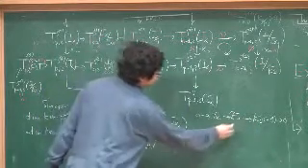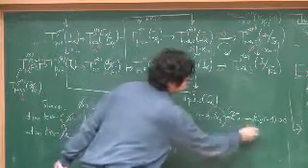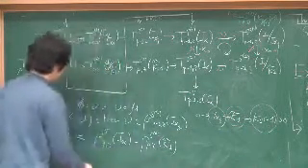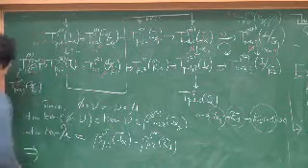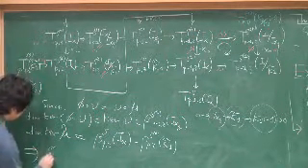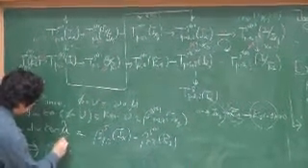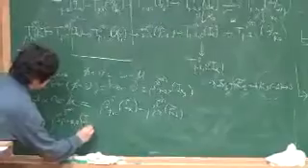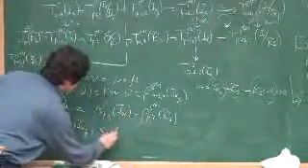Using this sequence we can bound the first part of this one and the sum of these two. So we have the following inequality. This Betti number is less than this one.